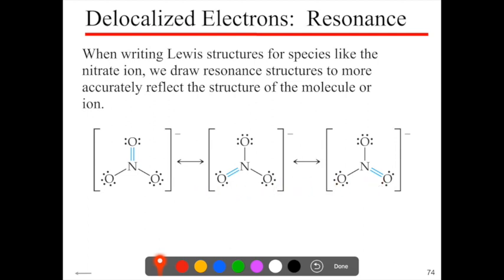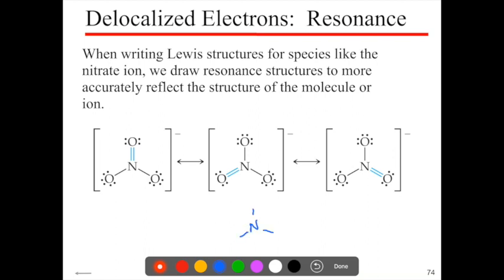Now, what we know is when we place it in an instrument to measure the distance between the nitrogen and oxygen in the single bond, and the nitrogen and oxygen in the double bond, we know that single bonds are longer than double bonds. And so when we measure this, we do not see two long bonds and one short bond. What we see is that this double bond could be in any position, and really it is rotating between those positions at all times.